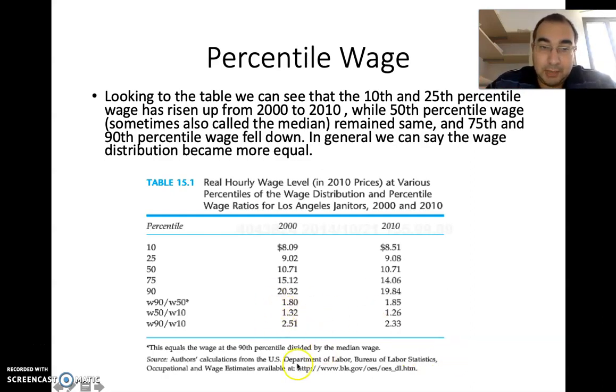And you can also see how the ratios of, for example, the 90th percentile wage, this is a top group, and the 50th percentile wage have changed. It has increased. Well, actually, this is interesting. The 90th to 50th percentile wage ratio has actually increased. That's actually interesting.